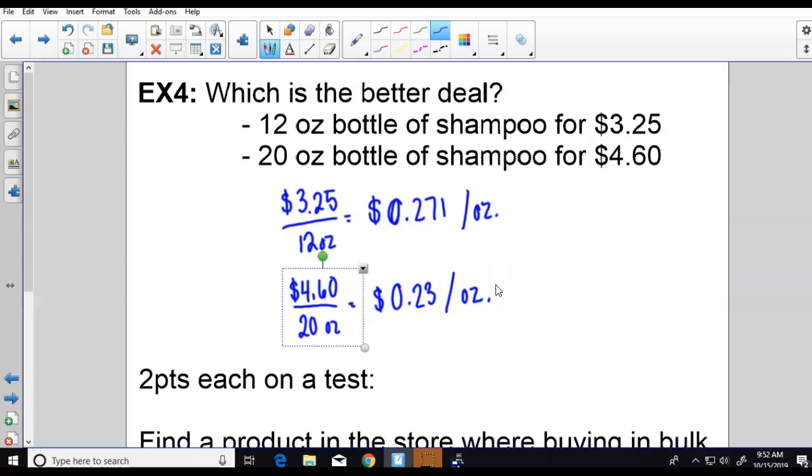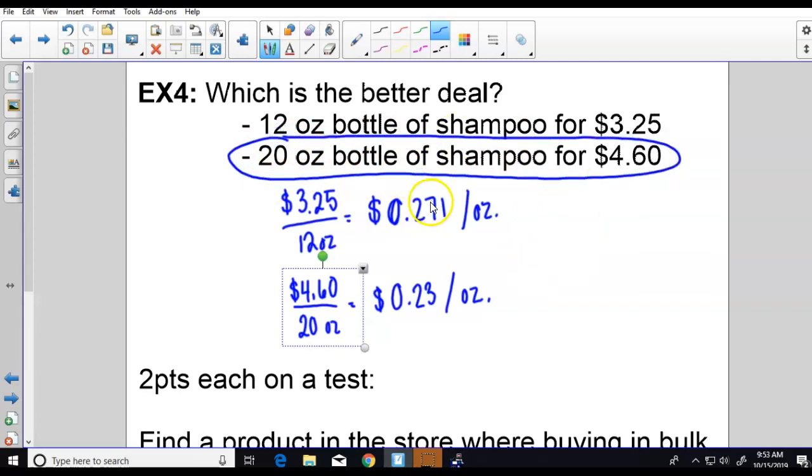So, which one is the better deal? Which one has the lower? 20 ounce. The 20-ounce bottle is cheaper. So you save like 5 cents per ounce by buying that 20-ounce bottle. So for your extra 8 ounces, it saves you a little bit of money. It's not a bunch, but if you do this on lots of items, it can add up.